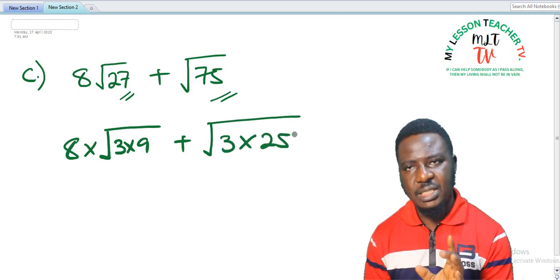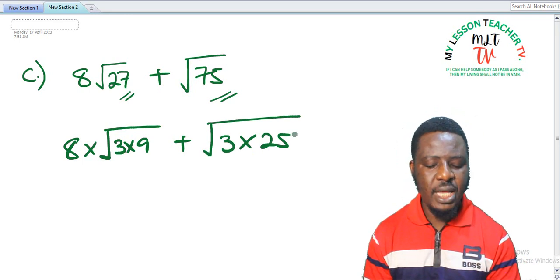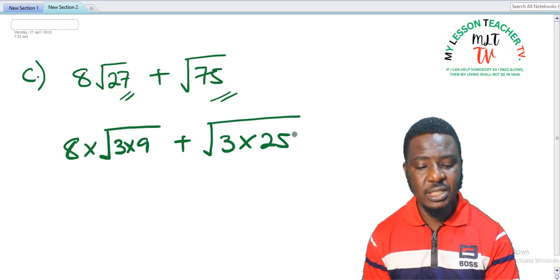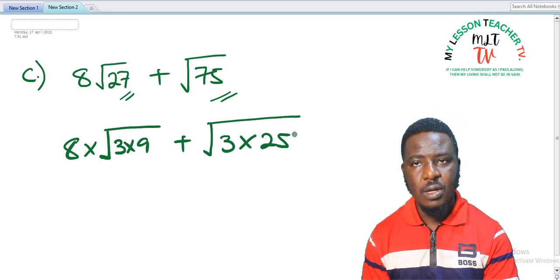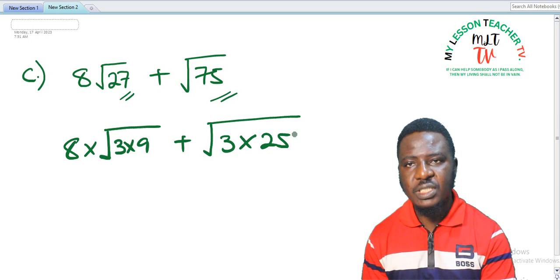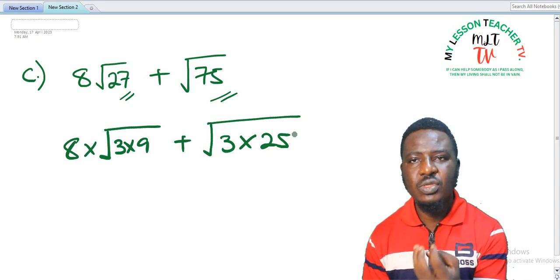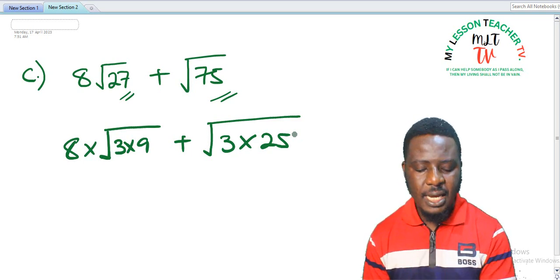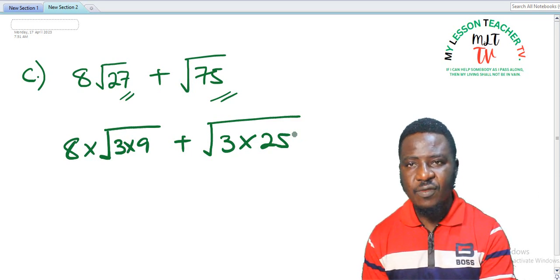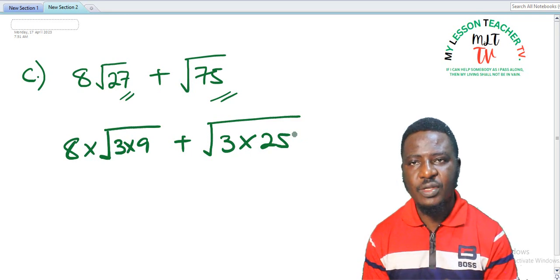Now, in most cases, when you get the prime factor of the first digit, try and see if it is also a prime factor of the second digit, so that gives you similar surds. And that's what I did. Having discovered that 3 times 9 is 27, I now ask myself, what will I multiply by 3 to give me 75? And it is 25, of which 25 is also a perfect square.